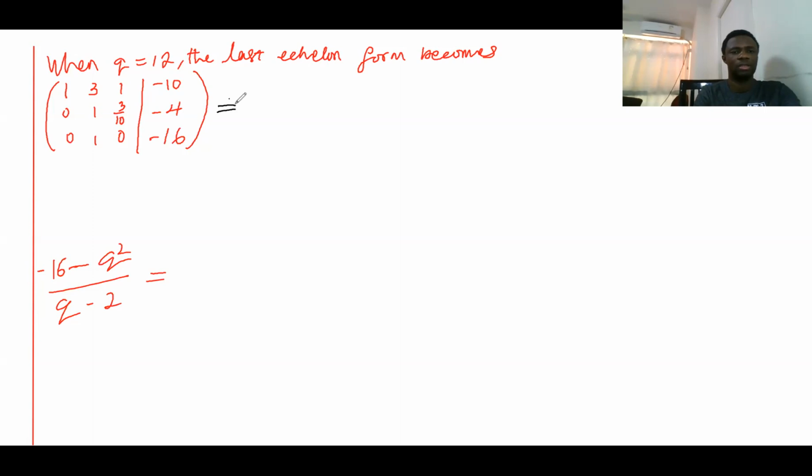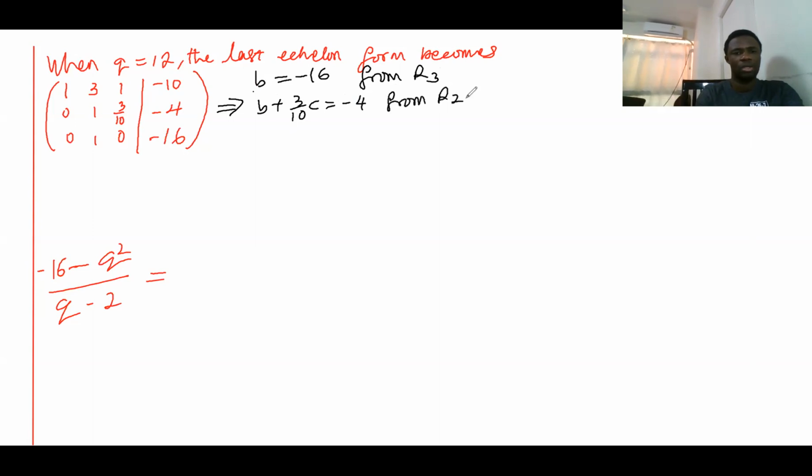So this implies B equals negative 16. This is from row 3. From row 2, B plus 3 over 10 C equals negative 4. So negative 16 plus 3 over 10 C equals negative 4.